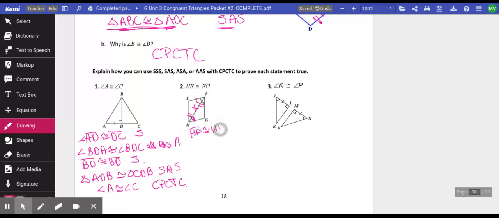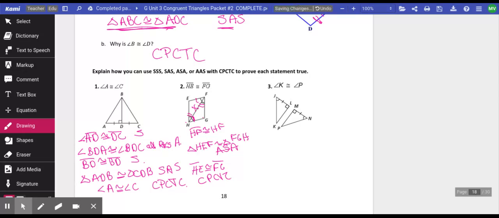So that means that triangle HEF, so I went double, none, single, is congruent to FGH, because again, I have to do double, none, single, by angle, side, angle. Oops, I said angle, side, angle, but that's not what I wrote. And then HE is congruent to FG by CPCTC.